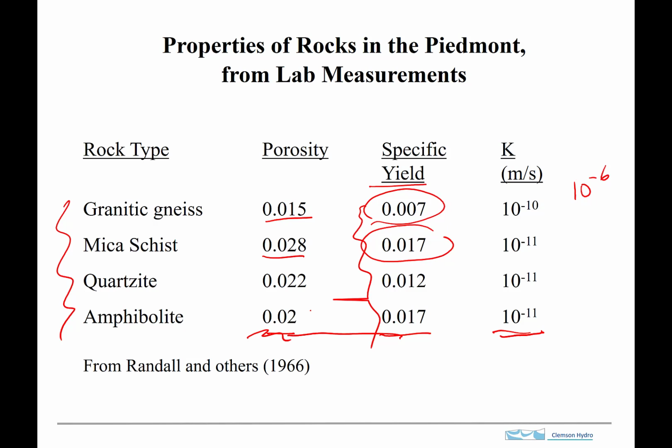So what we can see from this is that these crystalline rocks have hydraulic properties, specific yield, hydraulic conductivity and porosity, that can be measured and characterized. They're quite low, and very low compared to the field measurements, because the field data are characterized by the effects of fractures that don't really show up in standard laboratory measurements.